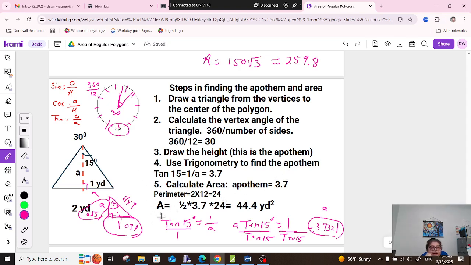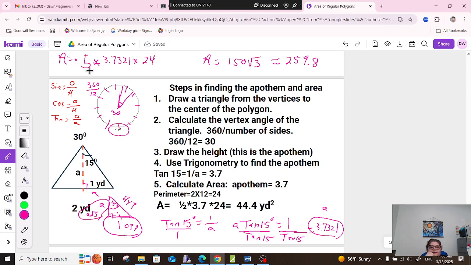Now you plug everything into the formula. And for no rounding errors, area would equal 0.5 times my apothem, but I'm going to use this long apothem to avoid rounding errors. And then what was the perimeter? 24.